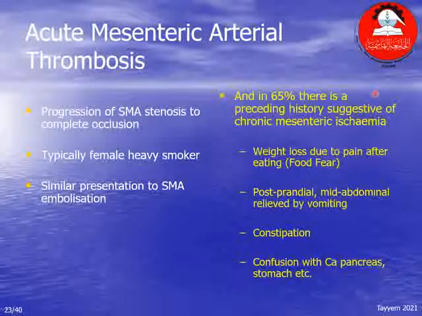In 65% of cases, there is a history suggestive of chronic mesenteric ischemia due to narrowing or atherosclerotic changes of the SMA, and these usually present as weight loss due to postprandial pain, constipation, and could on occasions be confused with pancreatic cancer or stomach cancer.